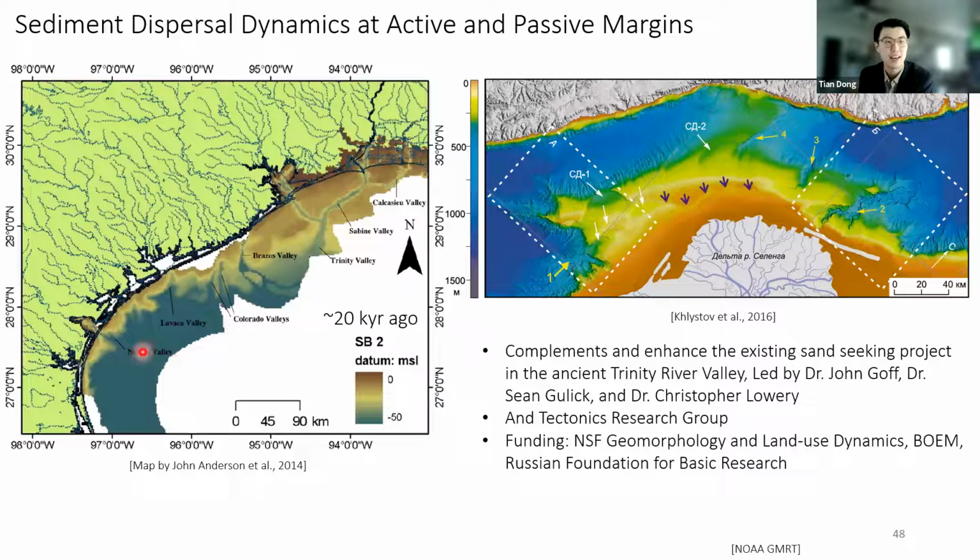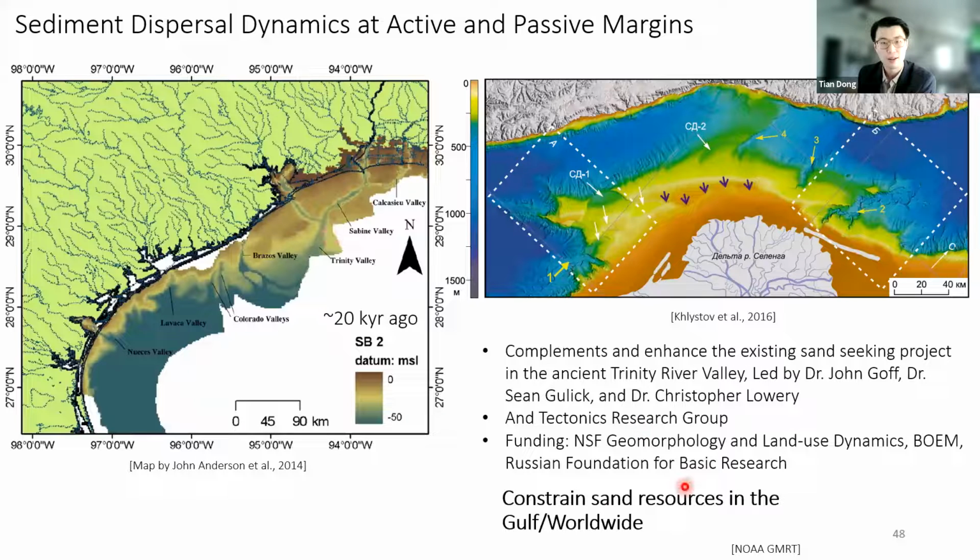I'm interested in looking at how the filling of these valleys differs between active and passive margins. This complements the sand-seeking project at the Trinity Valley, led by John Goff, Sean Gulick, and Chris Lowery, and that interests many funding agencies. The overall goal of this project is to help constrain sand resources in the Gulf or worldwide.